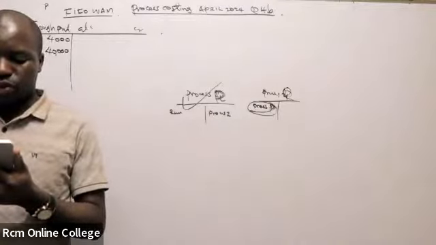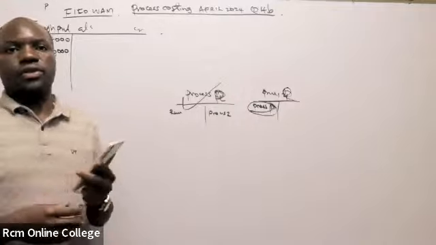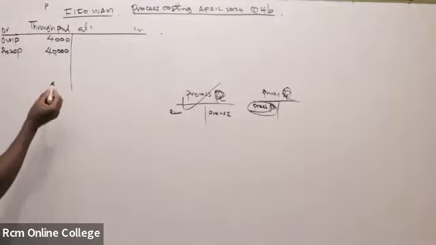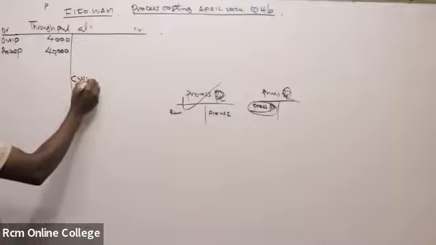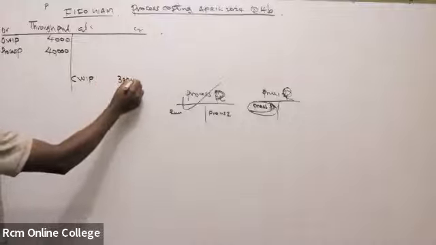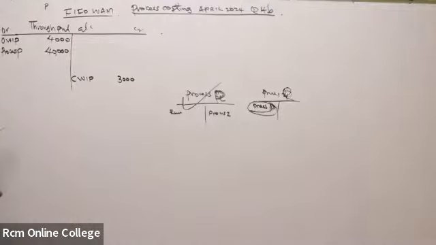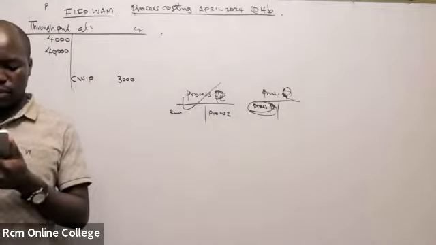Closing work in progress was 3,000 units with the following degree of completion. So we now have closing work in progress. We're given 3,000 units. Do we have a percentage of normal loss or expected output?